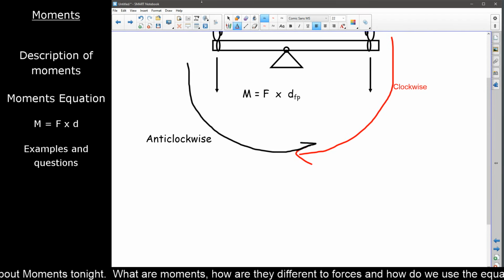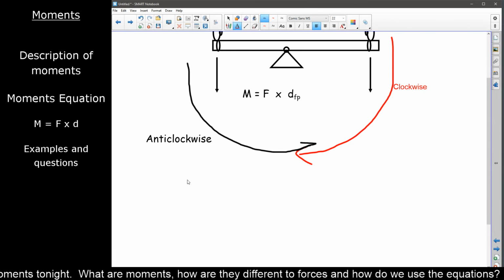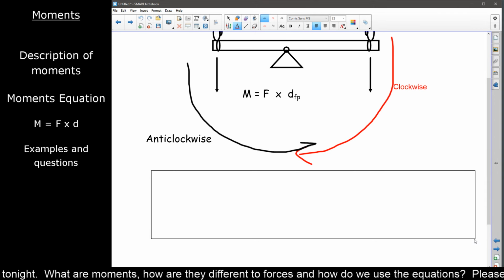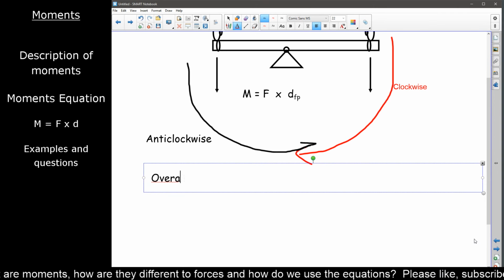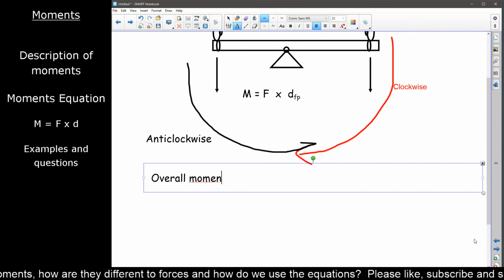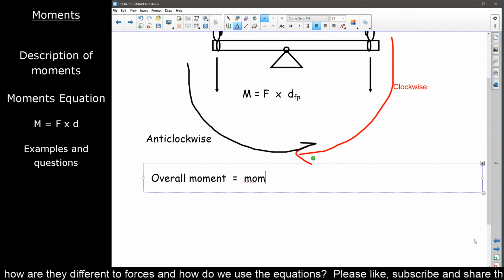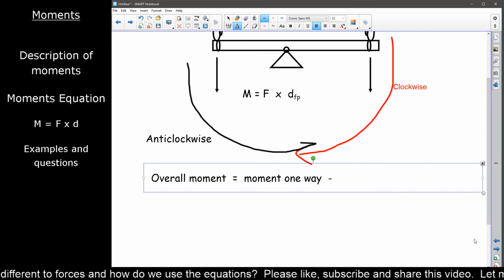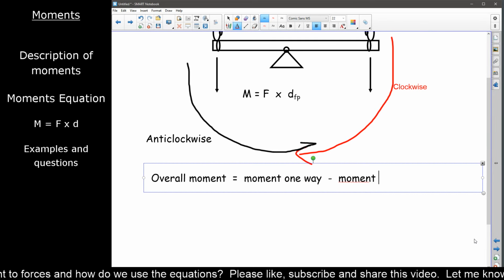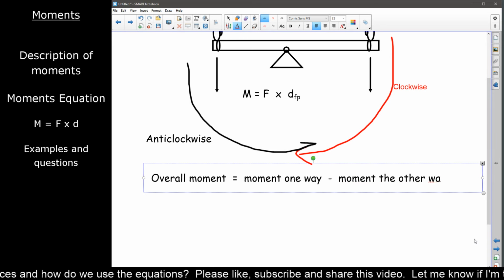And this leads us to a very important equation that's not actually in the notes, it's not in the course, but it's important for you to understand that the overall moment is equal to the moment in one direction, or the moment one way, take away the moment the other way.